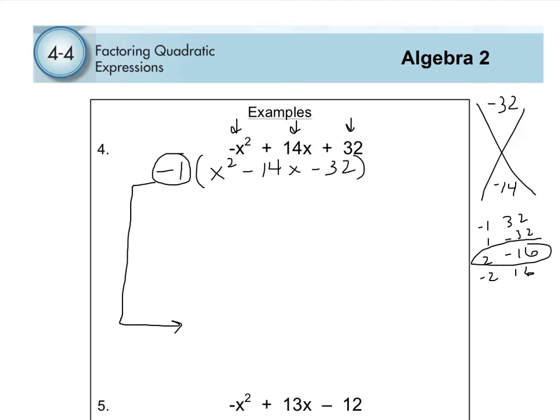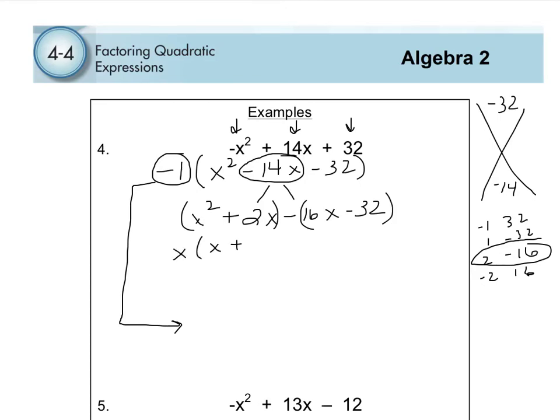So again, I'm going to replace this middle term with a positive 2x and a negative 16x minus 32. Bring down the x squared. Factor by grouping. This one, you take out an x, and you're left with an x plus 2. Over here, you take out a 16, and you're left with an x plus 2.